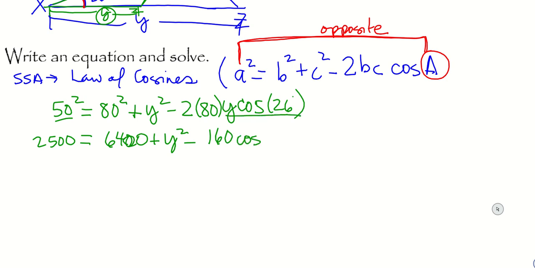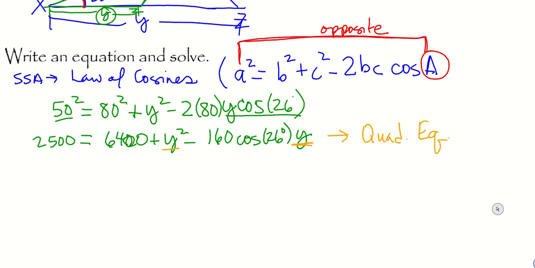So I have the cosine of 26 degrees times y. Now when I look at this, my variable, which is y, is showing up in two spots. It's showing up here, and it's showing up here. In one case, that variable is squared, so this is a quadratic equation.